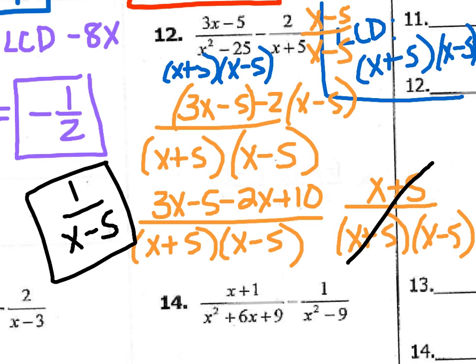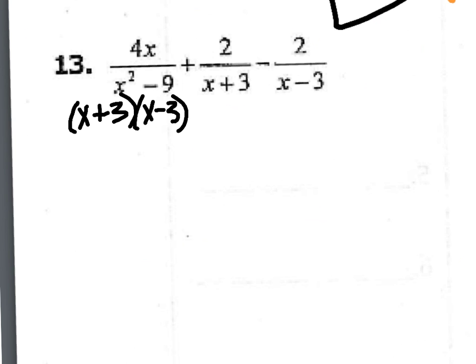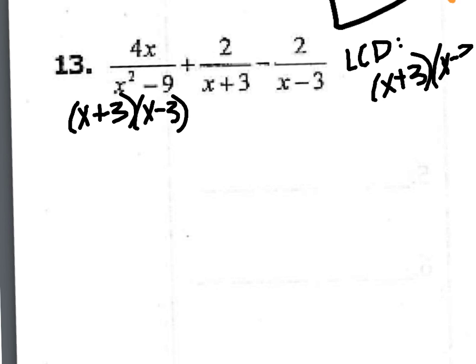Okay, number 13, I started by factoring, and the first fraction is actually the only one I can factor. So our LCD is x plus 3, x minus 3. That first one, I'm not missing anything, so I'm just going to write 4x over x plus 3, x minus 3.